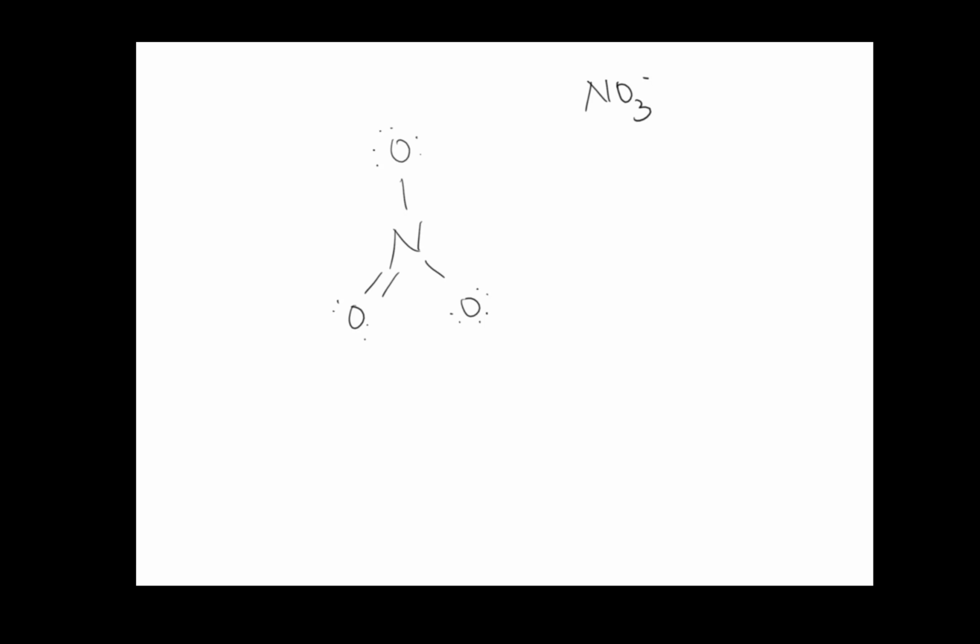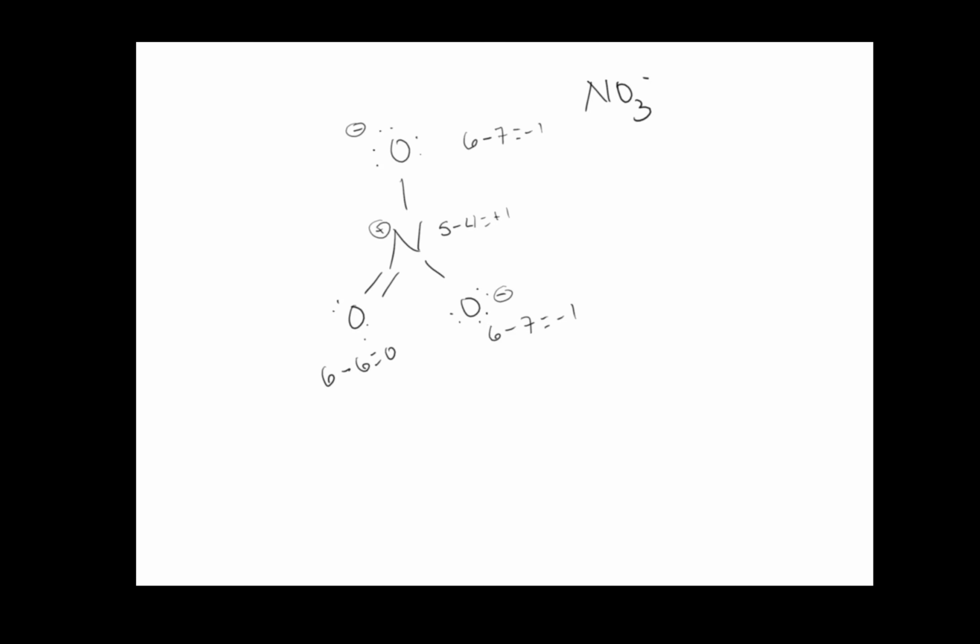This oxygen, it brought 6 to the party, and it owns 7. So overall, it is a -1. The nitrogen brought 5 to the party, and it owns 4, so it's a +1. This oxygen brought 6 to the party, and it still owns 6, so it's neutral. And this one brought 6, but it owns 7 at the moment, so it is overall a -1.